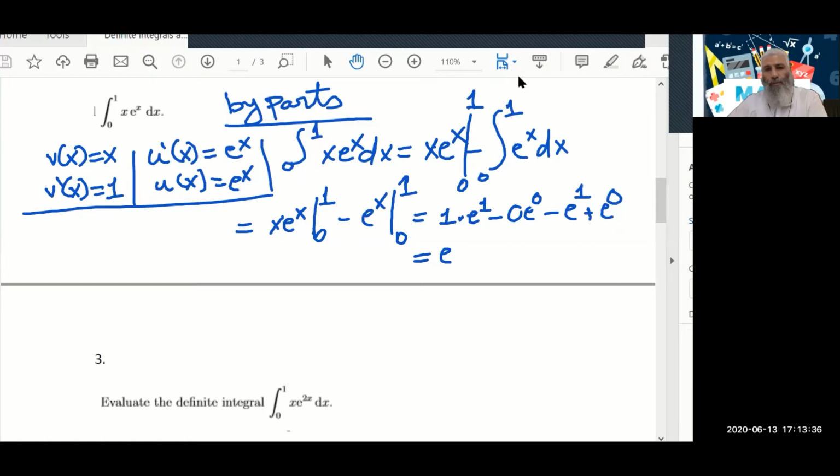This part is 0, so 0 multiply anything is 0. Minus e power 1, which is e power 1 minus e power 1. I think it's minus e, and this is plus 1. E power 0 is 1. Anything power 0 is 1. So e minus e is 0. So we have only 1.